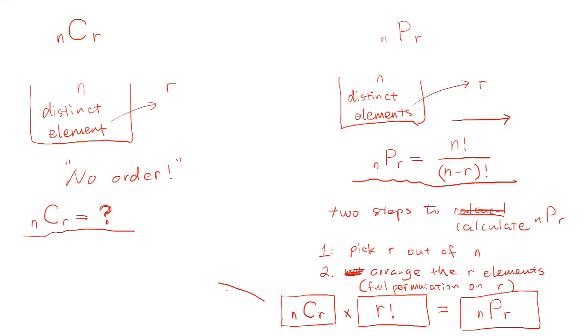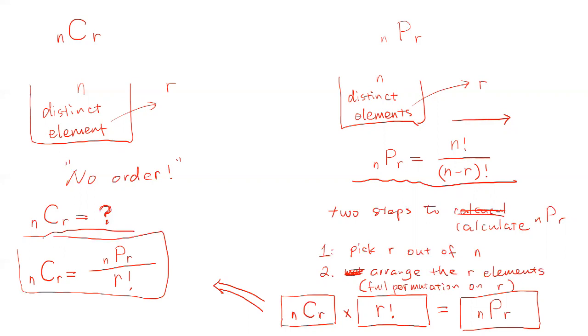So from this equation, we can easily get that CNR is PNR divided by R factorial. This is the formula we use to calculate CNR. Do you understand?